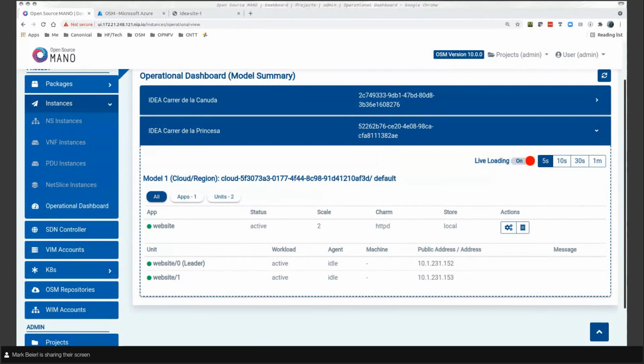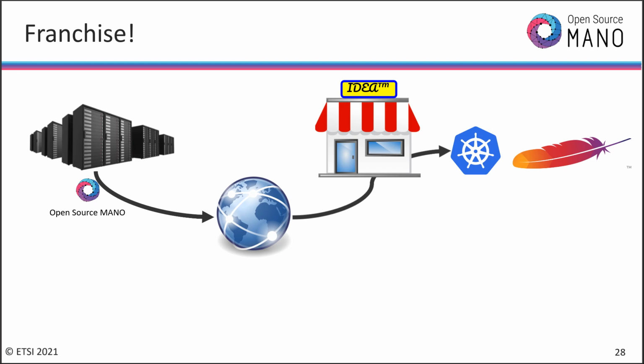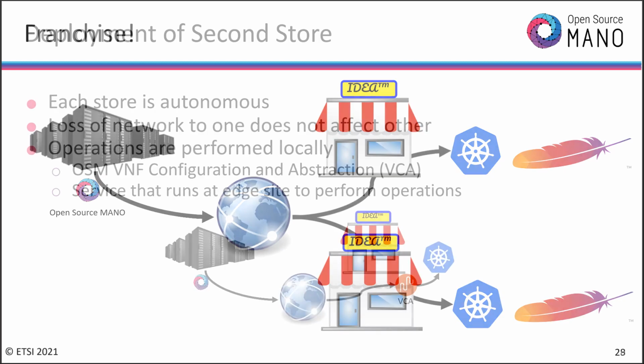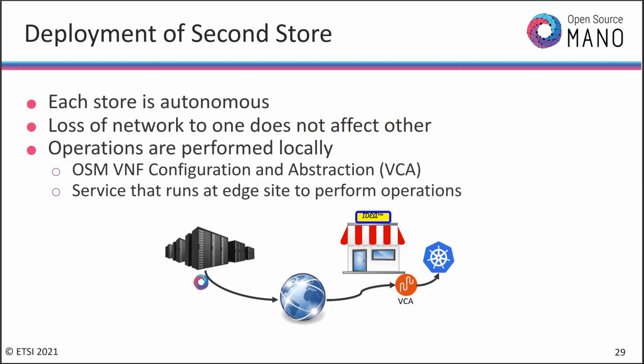So what happens next? We were at our franchise. We've added our second store, and a little bit of information. Each store is autonomous. Loss of network to one store will not affect the other store. And operations are performed locally.